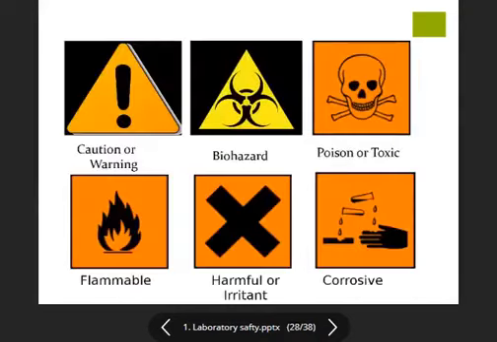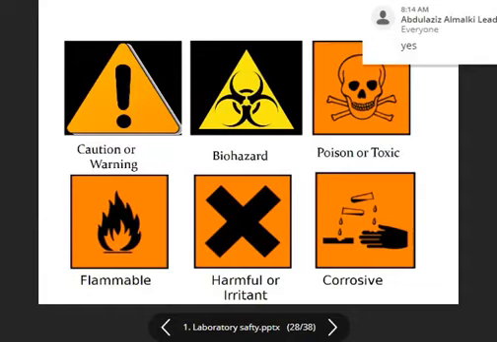So most of the pictures you already know. This slide is very, very important because I can give any picture and ask for the name. Do you recognize the picture?